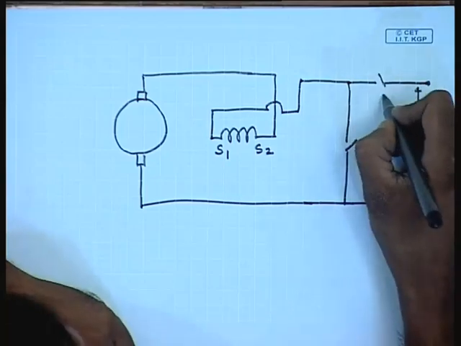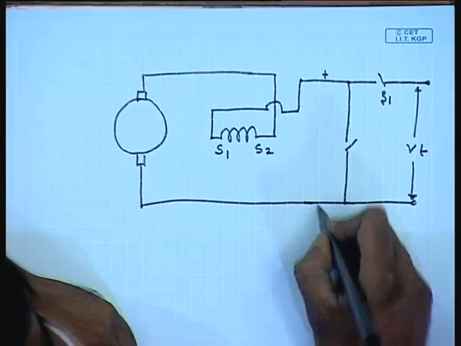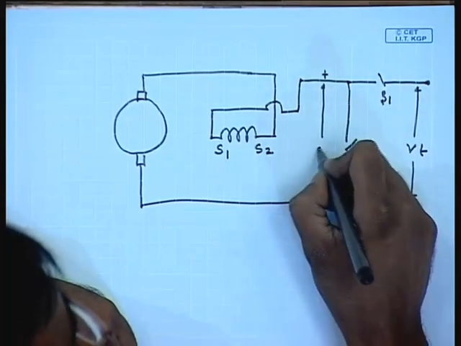If this switch is turned on at a duty ratio of delta, we know that the voltage here will be delta V T.